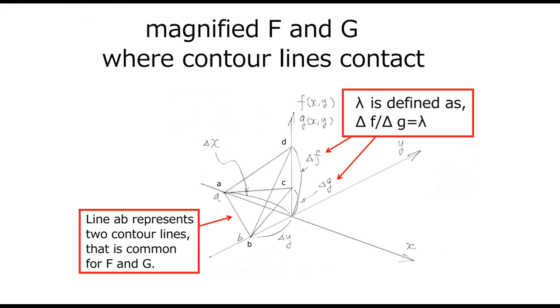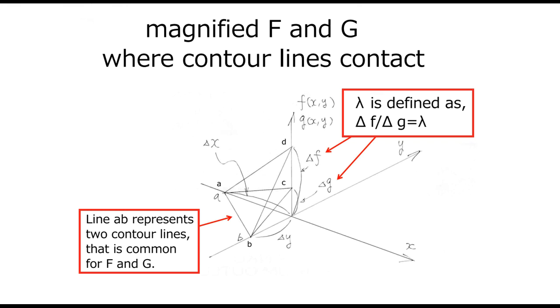The reason why line AB is shared by both the slope g and f is that the two contour lines of f and g contact each other. When the two slopes have such a relation, the ratio of the two angles of inclination of the slopes in the x direction is exactly the same as that in the y direction.